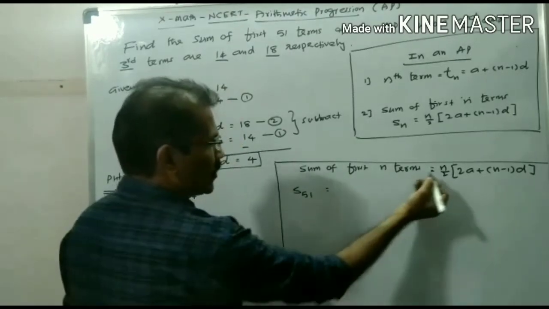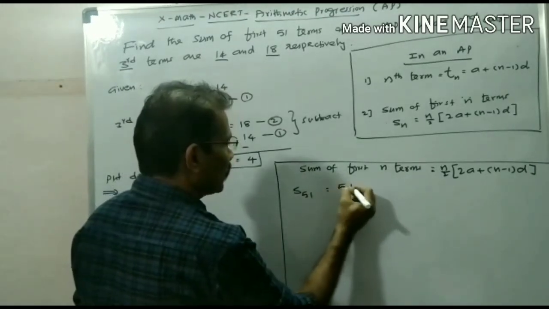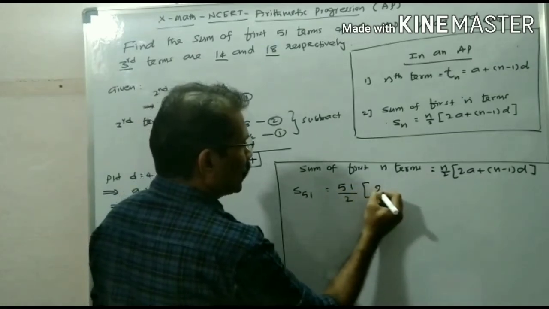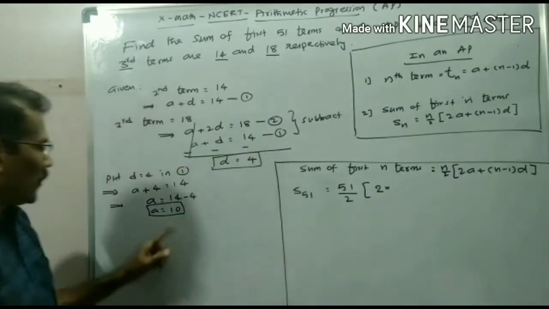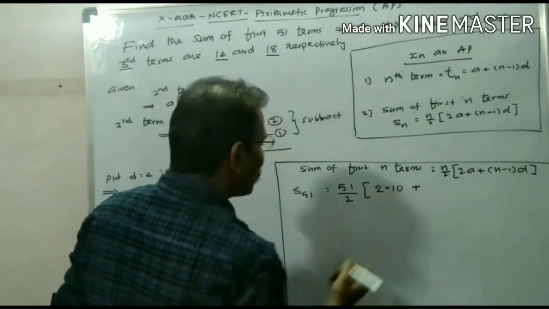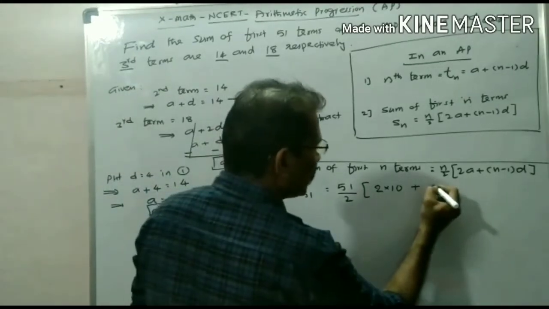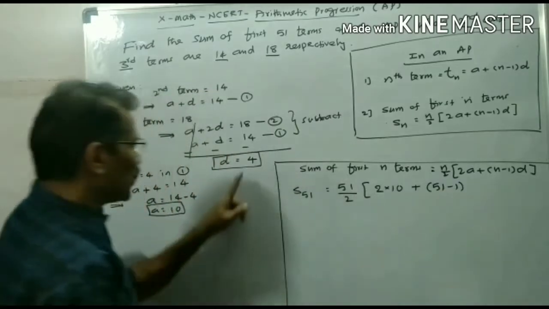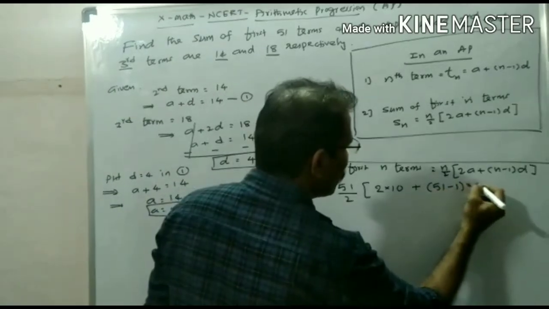Just I am substituting the values. n value is 51, divided by 2, into 2 into a. The a value we already got, it is 10, plus n minus 1. n value is 51 minus 1, written in brackets, and the d value is 4, that is into 4.